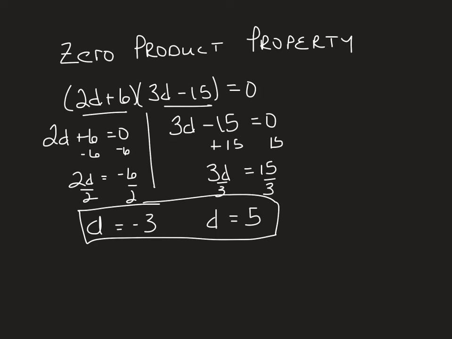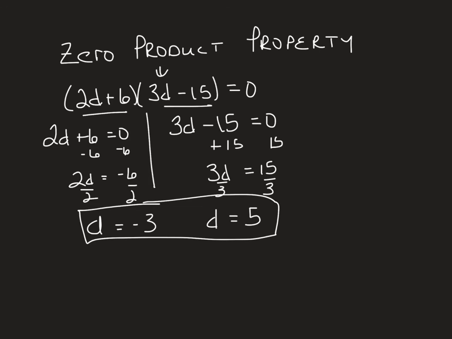D could be negative 3, or d could be 5, because if d is negative 3, I'd have negative 6 plus 6, which is 0, and 0 times anything is 0. If d is 5, plugging it in here, 15 minus 15 is 0, and 0 times anything is 0. So the zero product property allows me to solve these equations.